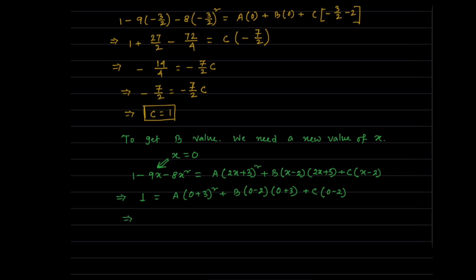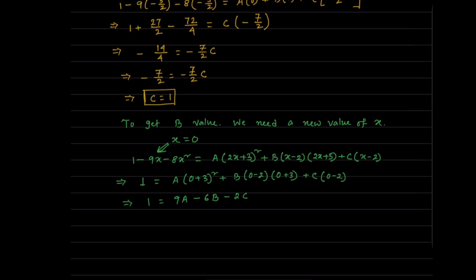So from here we can write 1 equals, this is 3 square, so 9a. Then minus 2 and plus 3 will be minus, so we can write minus 6b, and then minus 2, so it will be minus 2c.